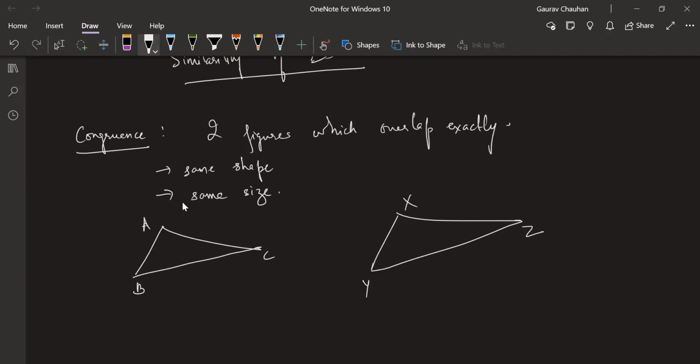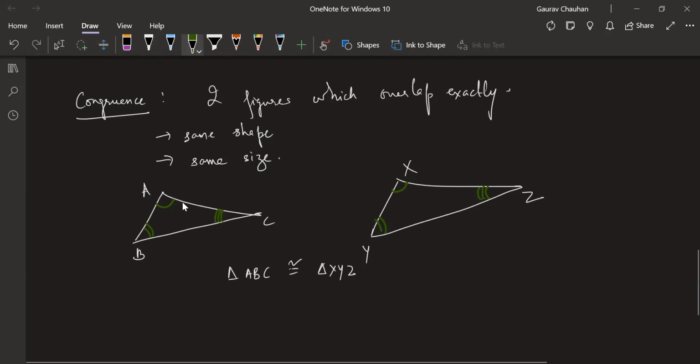If we write triangle ABC is congruent to triangle XYZ, then by saying this, we are saying that the corresponding angles A and X, B and Y, and C and Z are equal.